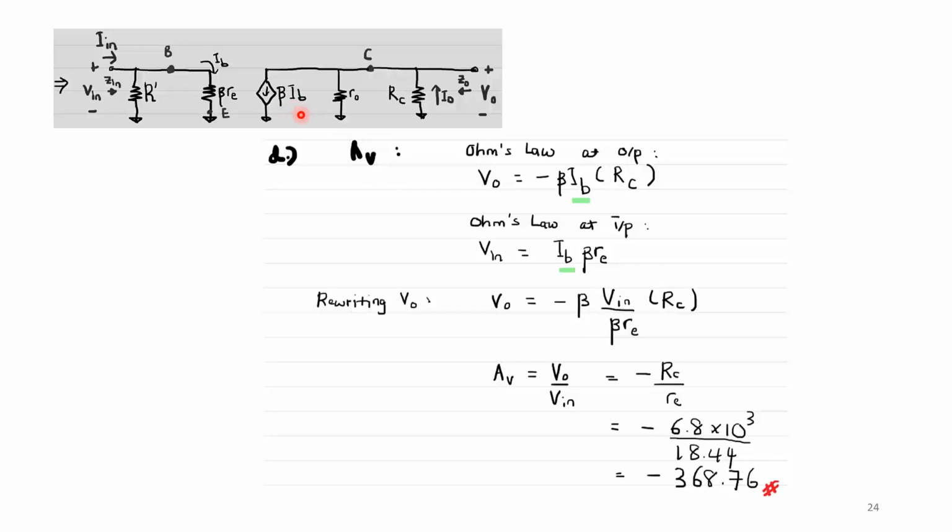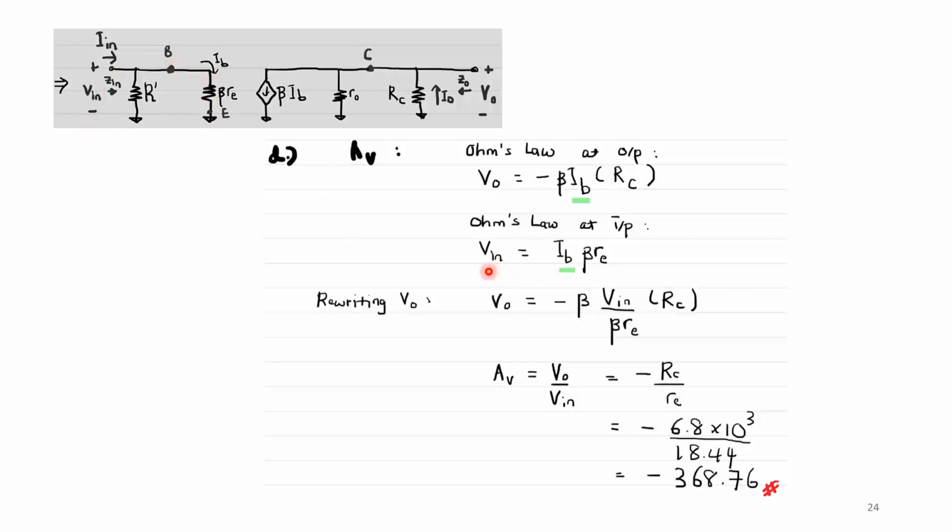IB is a value that we indicate as the small signal current, I with a small letter b. So beta IB is going to enter, if there is an R out, it would be RC parallel with R out, but because we have been instructed to assume R out to be open circuit, beta IB will all go through RC. And Ohm's law at the input part will just be IB times beta Re.